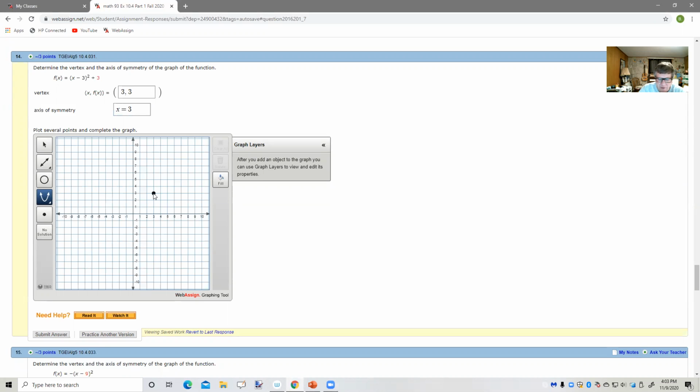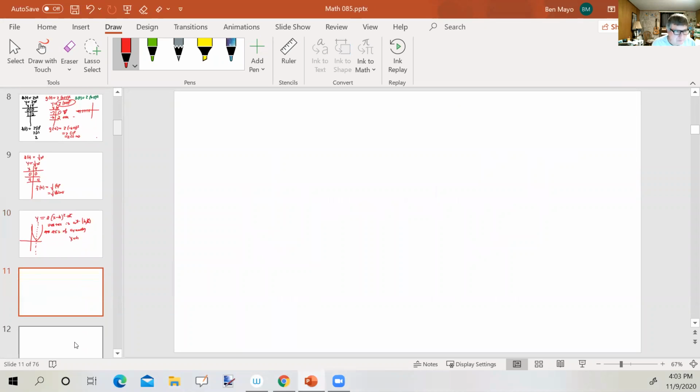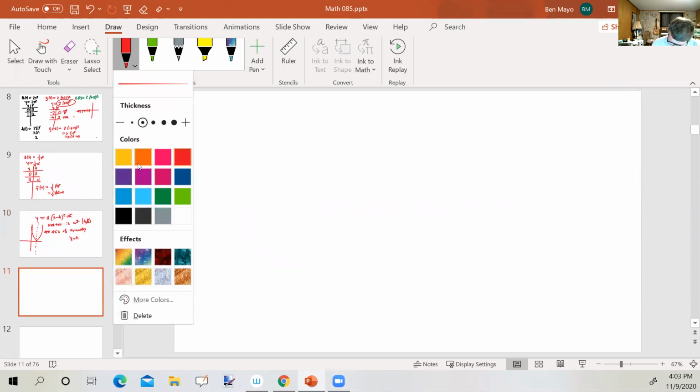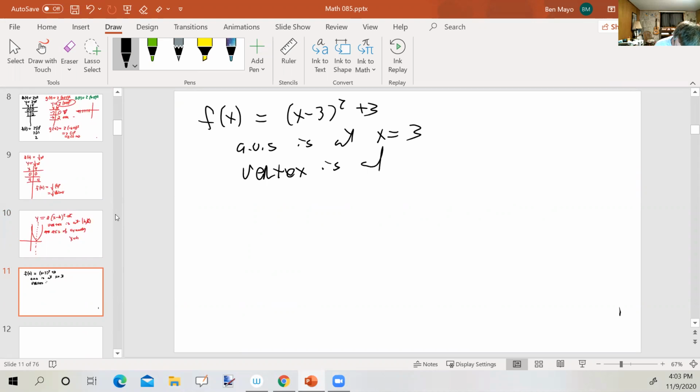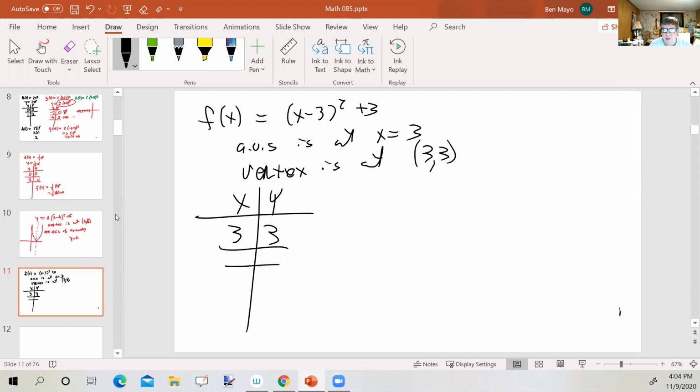I need another point on the graph. So here's what I'm going to do. Given f of x equals x minus 3 squared plus 3, the axis of symmetry is at x equals 3. The vertex is at 3, 3. I'm going to pick another point. I'm going to use an x value that's right next to the vertex x value.